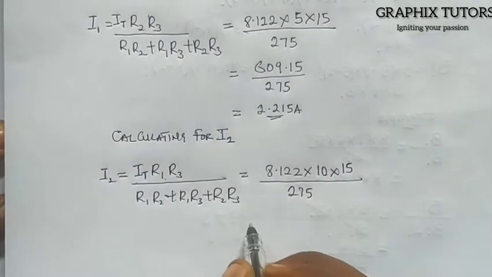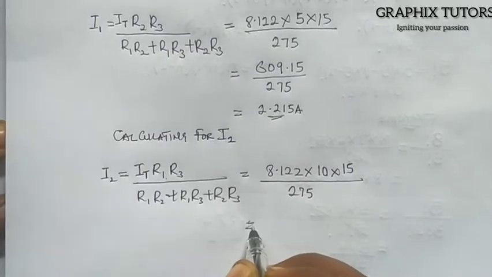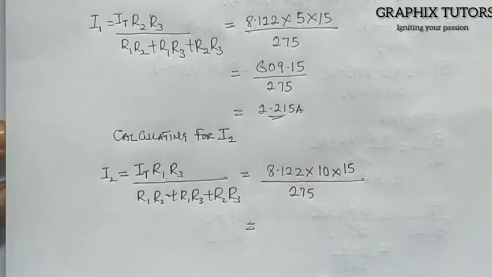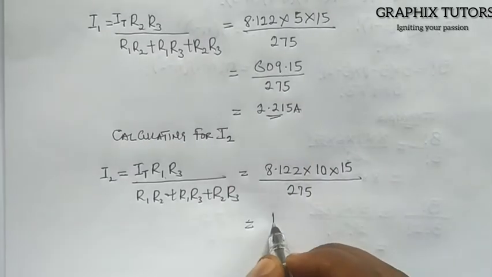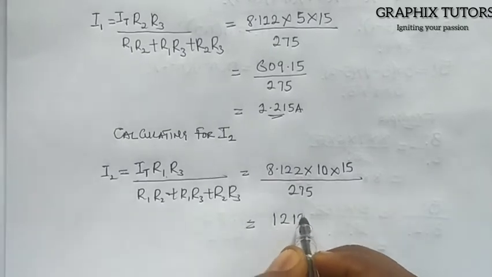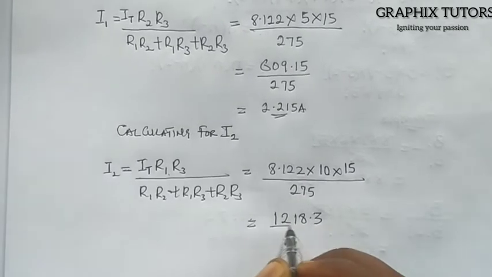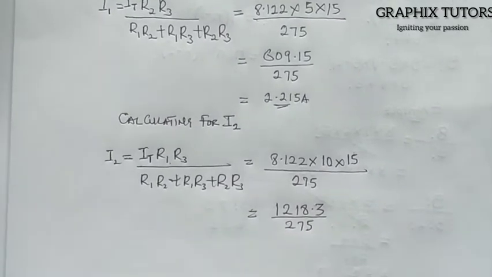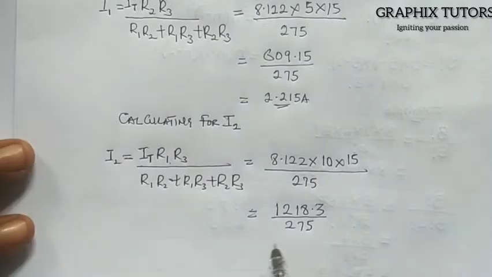So in this case, I'm going to be having 8.122 times 10 times 15, which will give 1,218.3 all over 275, right? So divided by 275, and that will give me 4.43. So my current here is equal to what?